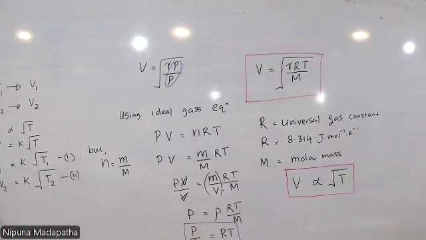Right. Equation 1 over equation 2: V1 divided by V2.